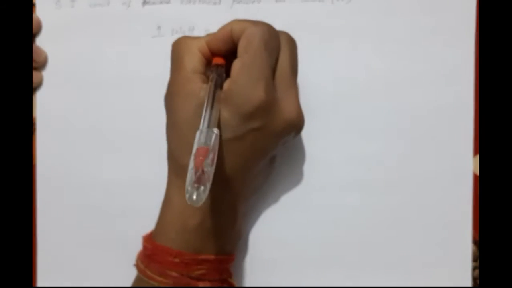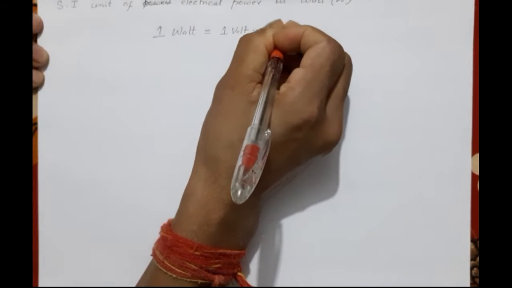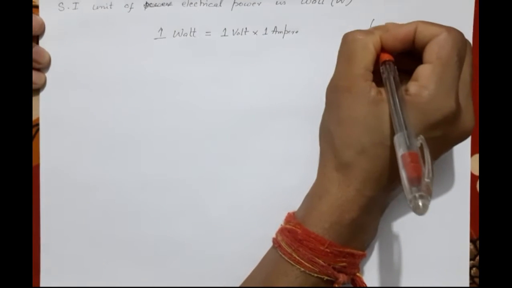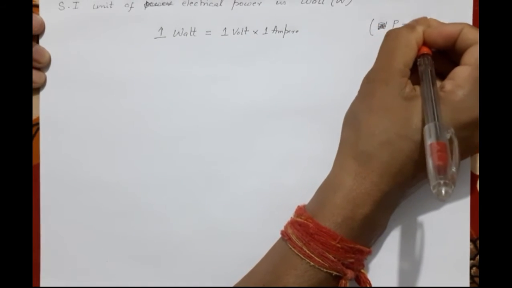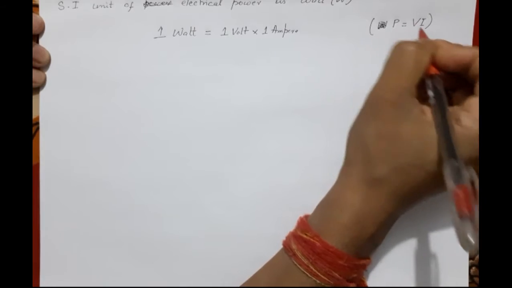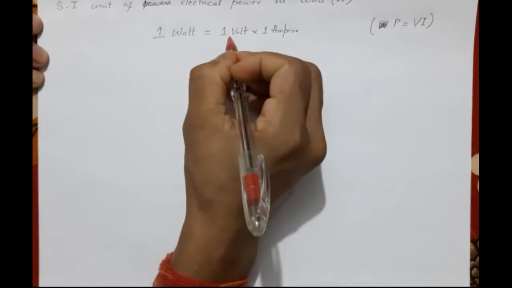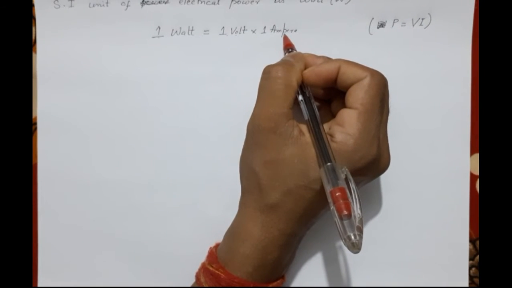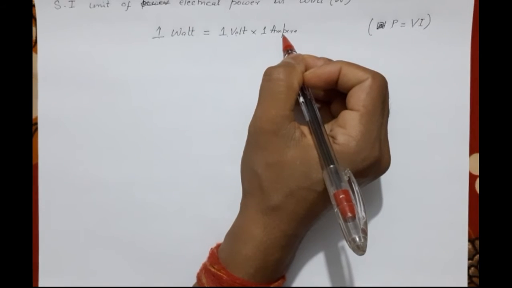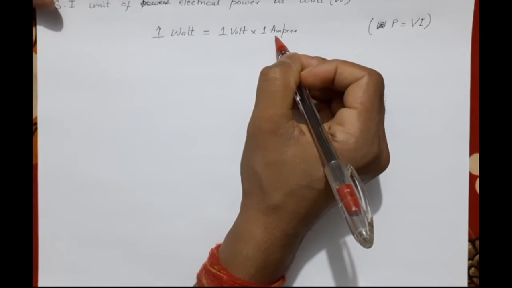Because you know that power was equal to V into I. If you remember, one of the expressions was P is equal to VI. So when this is 1 watt, V is 1 volt and I is 1 ampere. This helps me define what is 1 watt. 1 watt is that power which is given by 1 volt and 1 ampere.